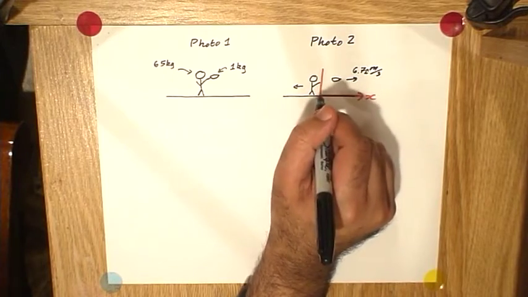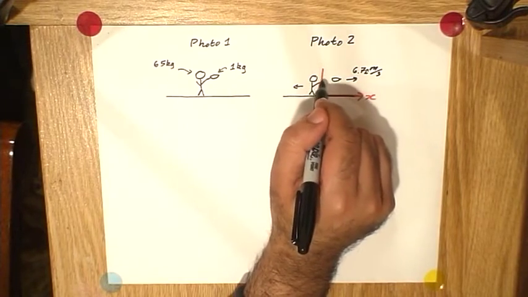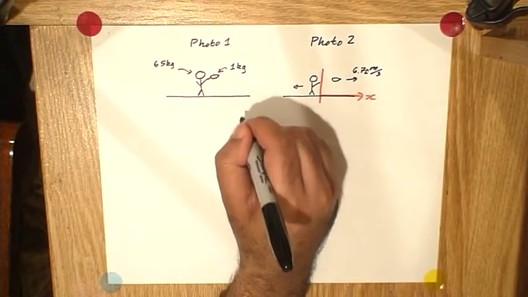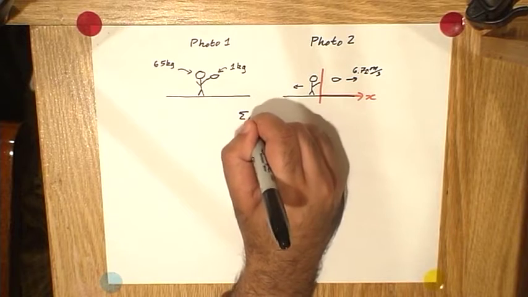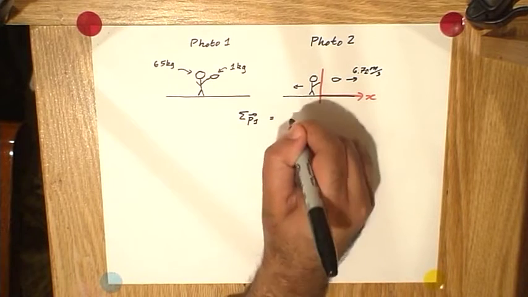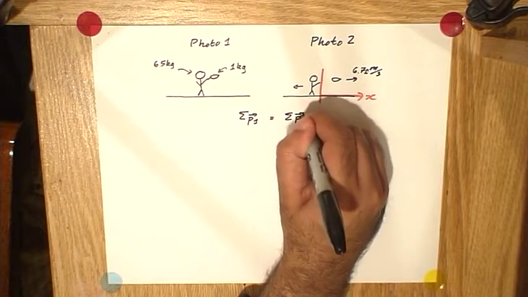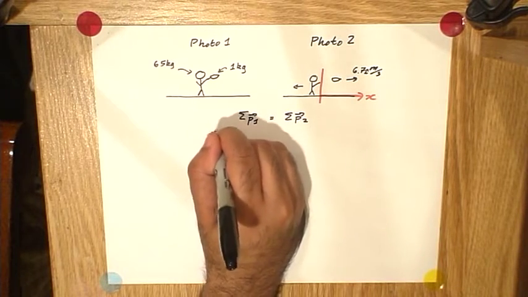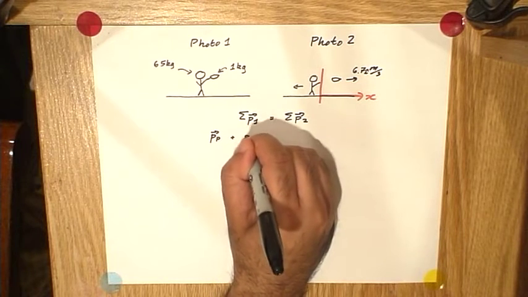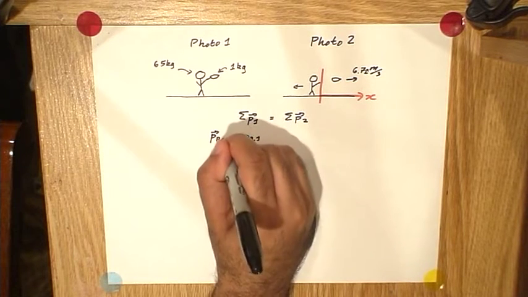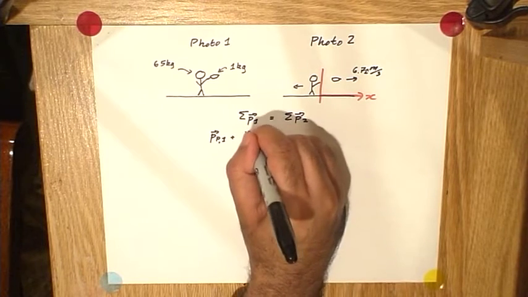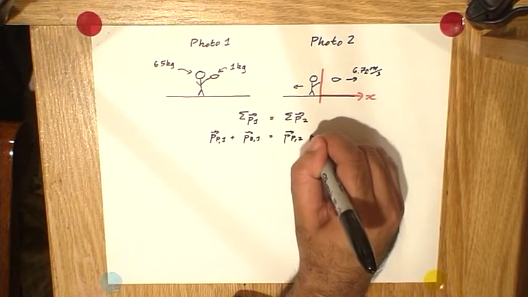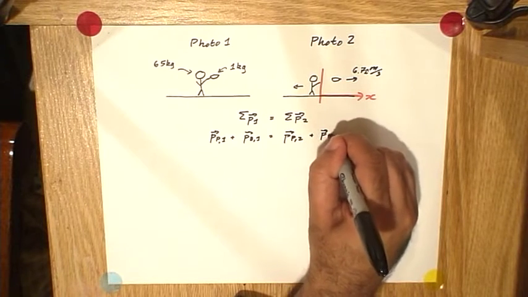And now we can solve for the velocity of the person going backwards. So let us use conservation of momentum here. The total momentum in photo 1 equals the total momentum in photo 2. The total momentum in photo 1 is the momentum of the person plus the momentum of the ball in photo 1, which is equal to the momentum of the person in photo 2 plus the momentum of the ball in photo 2.